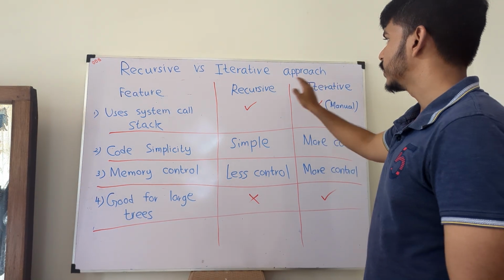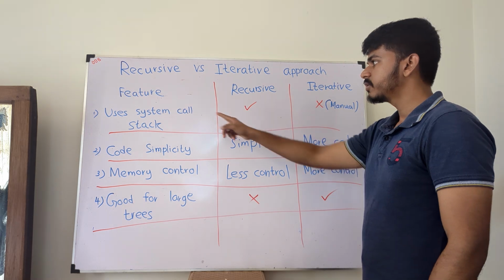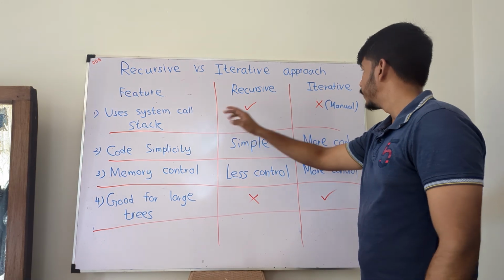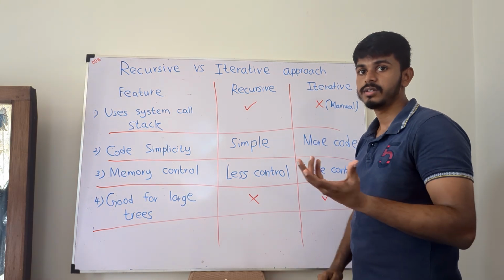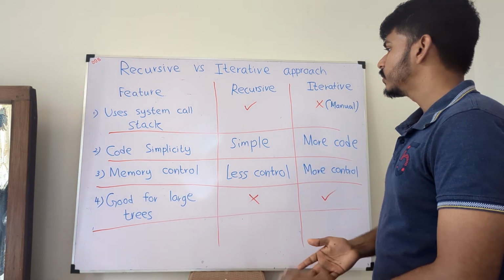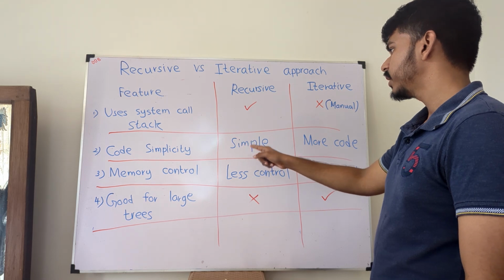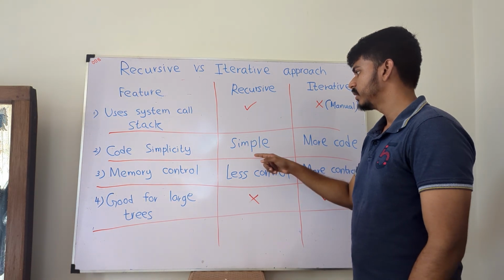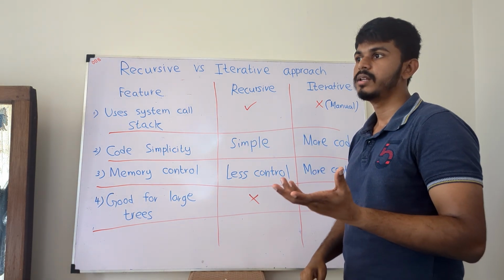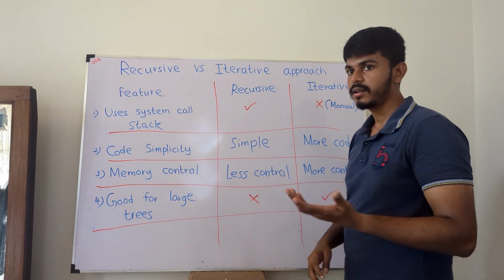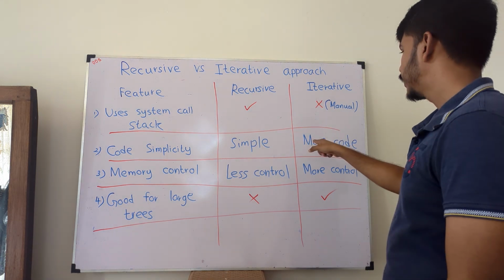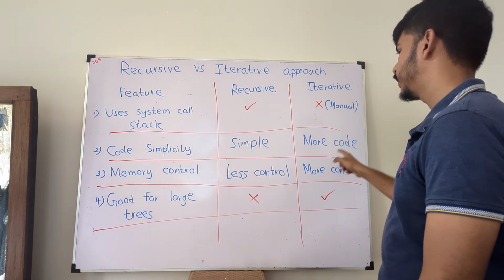Here are the differences. The recursive one uses a system call stack, but in the iterative approach we use a manual stack to store the nodes. Code simplicity wise, the recursive one is simple since we don't have to manually push and pop the values to the stack. Iterative one takes more code and is a bit complex.